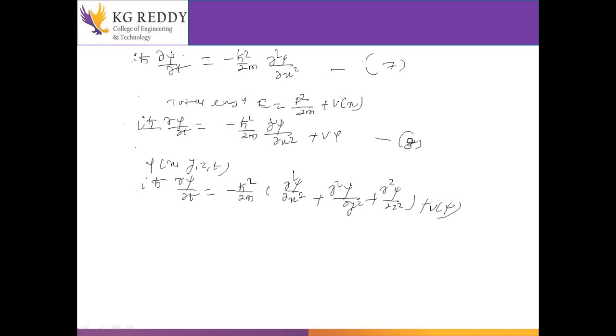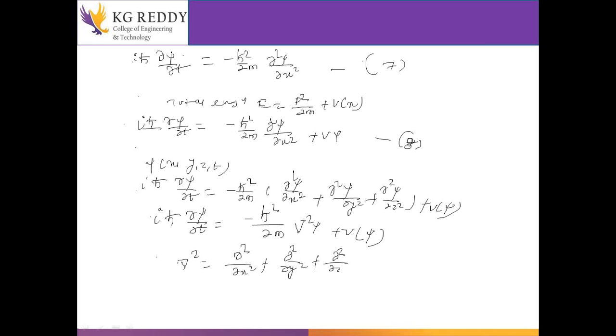Otherwise, I can write iħ ∂ψ/∂t = −ħ²/2m ∇²ψ + Vψ, where ∇ is the Laplacian operator, which we can write as ∇² = ∂²/∂x² + ∂²/∂y² + ∂²/∂z².